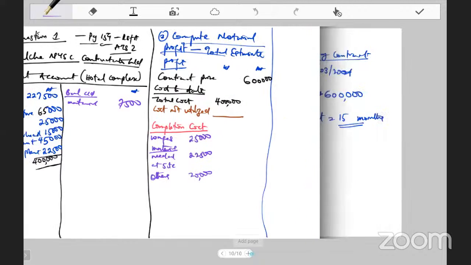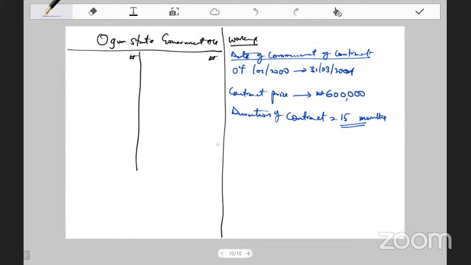I'll quickly go to my workings page here. I'll say cost not utilized. It's a combination of two things. My material at year end, 31/12/2020, I have that as 7,500.